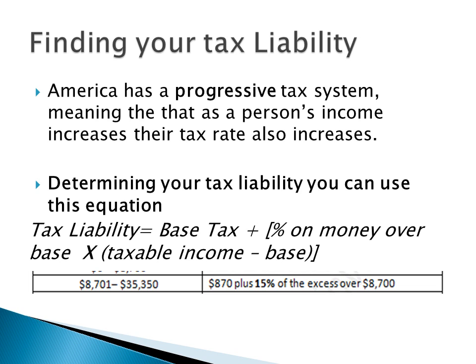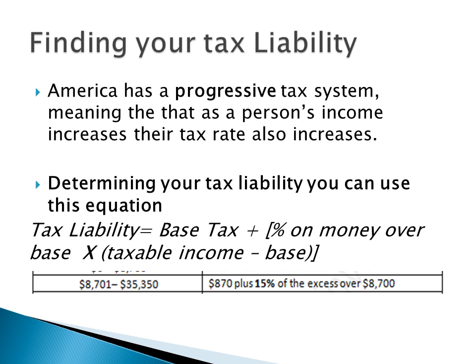The formula goes as such: your base tax, which is the fundamental foundation of the amount of taxes that you're going to pay in your particular tax bracket. So if you see down here, this is the second tax bracket. The base tax is $870 because the beginning of this tax bracket is $8,701, plus the percentage of money over the base.